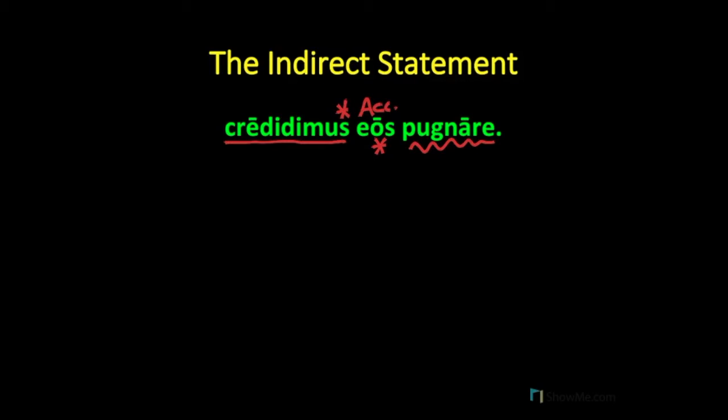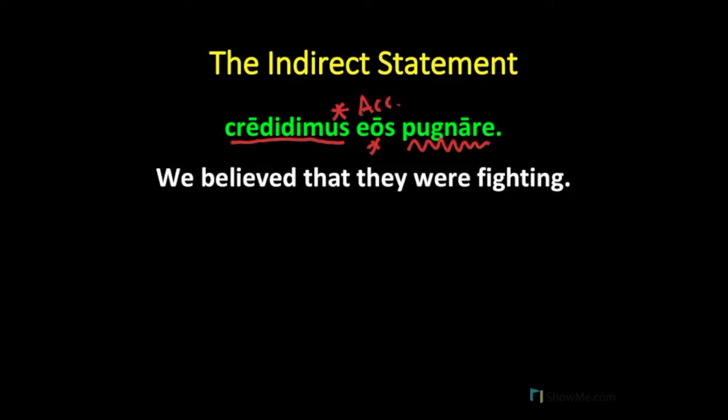Again, we have all 3 elements of the indirect statement. We have a verb of the head, or perception, believing, credidimus. We have an accusative subject, eos, and we have an infinitive, pugnare. And so we can translate this, we believed, credidimus, that they were fighting. Again, we have the key English word, that, in our translation.